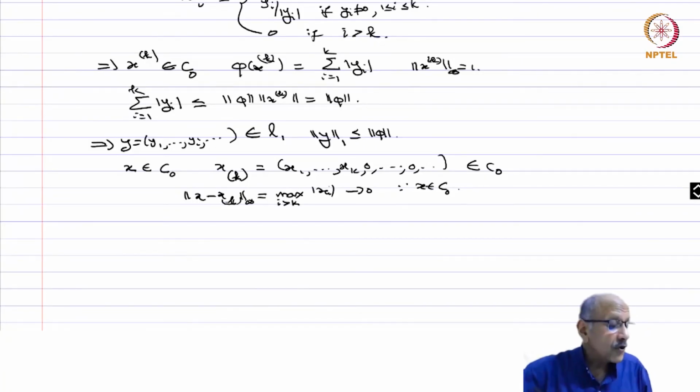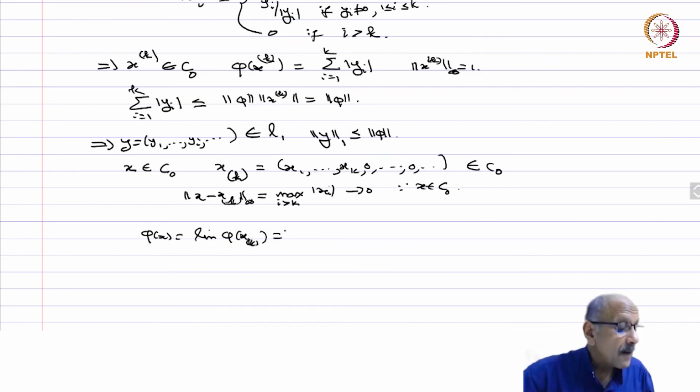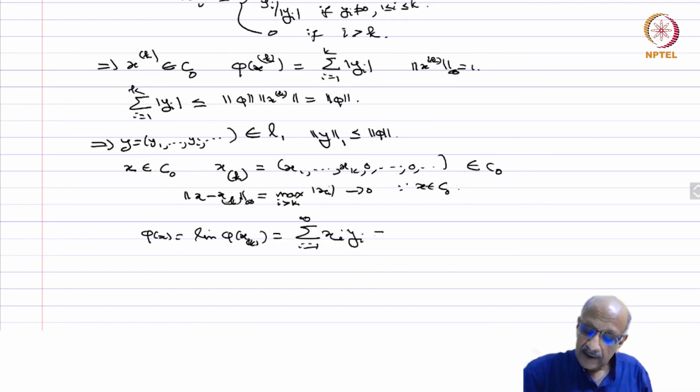Okay, and therefore you have that phi of x equals the limit of phi of xk, which equals sigma i equals 1 to infinity of xi yi, and that is nothing but Fy times x.